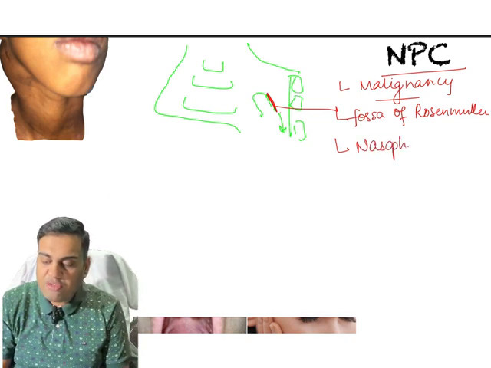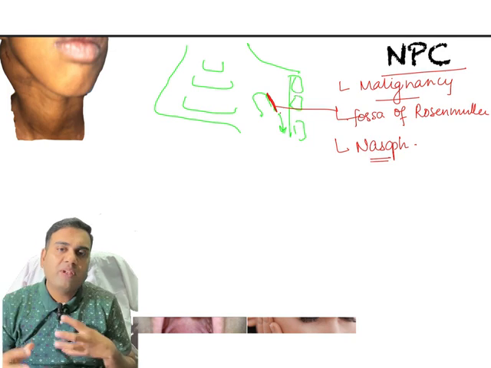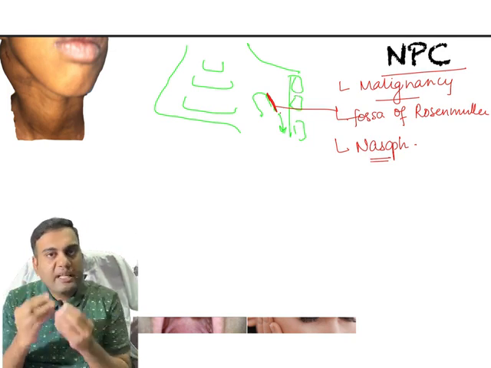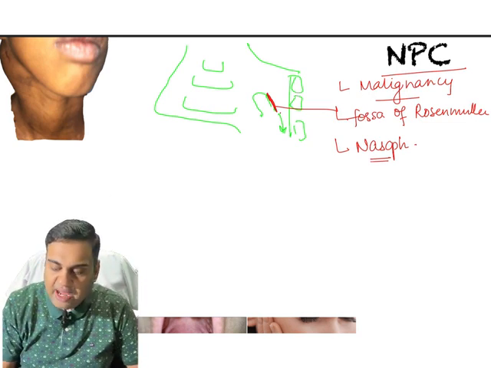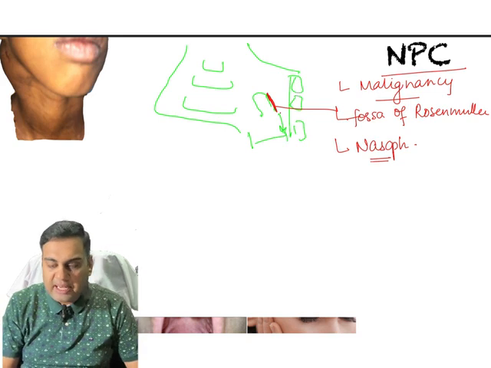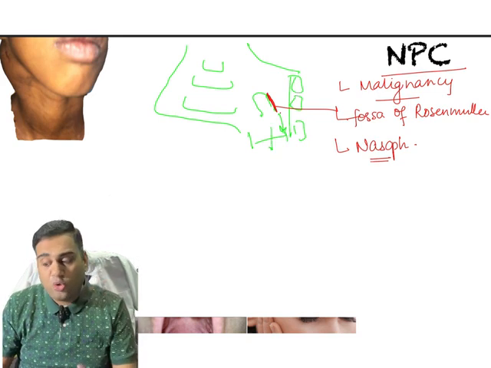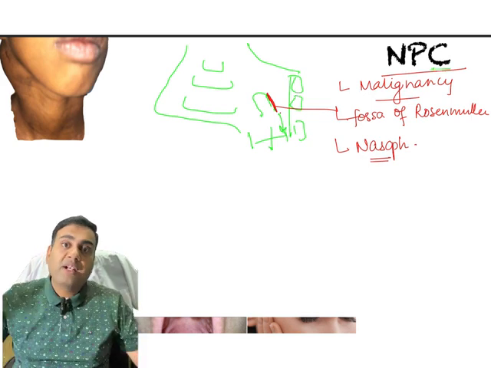Now, because nasopharynx is a very large space, the patient will present clinically very late with the symptoms of nasal obstruction. तो क्योंकि ये बहुत बड़ी जगह है, nasopharynx is a large space, and then you have got oropharynx behind it. तो nasal obstruction नहीं होगा पेशेंट को, but because it is a cancer, it will spread to the lymph nodes.